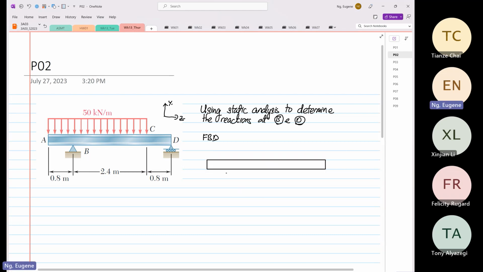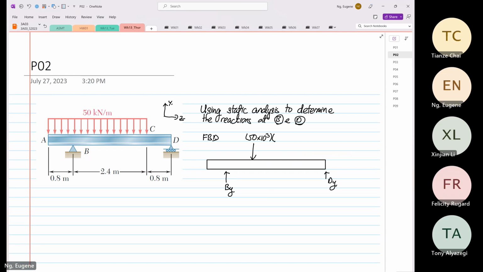And then we know that we have a By over here, and we have a Dy, and then at a certain point, the equivalent load is 2.4 plus 0.8 times 50 times 10 to the power 3, which is equal to 160 times 10 to the power 3 Newton.